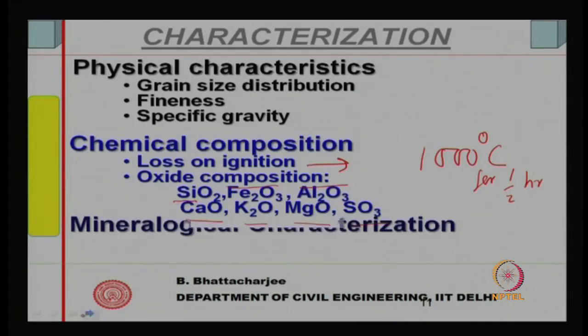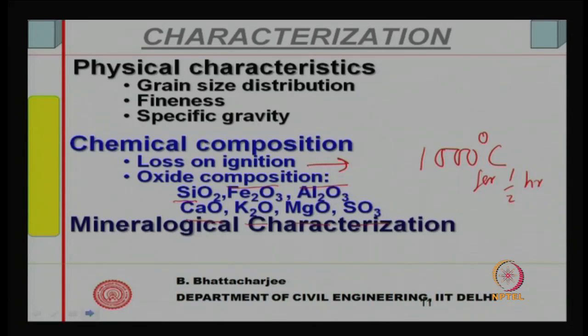So, loss on ignition is a measure of how much carbonaceous material, unburnt carbon, is available, and this is an important parameter, because more of it makes it detrimental for use in cement based material or concrete system. So, in chemical composition we look at these two important things.